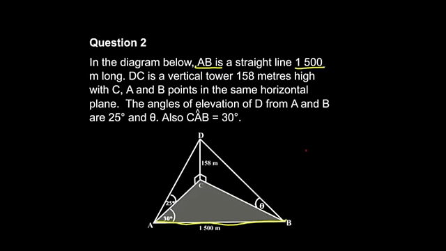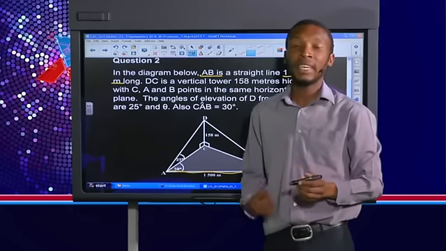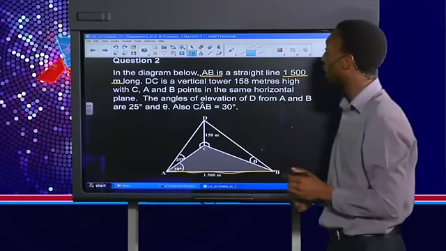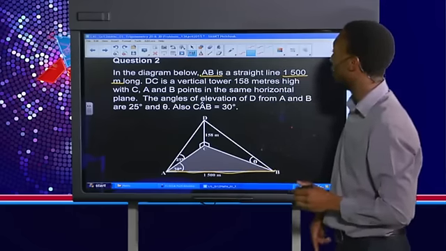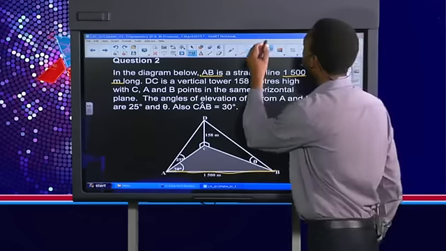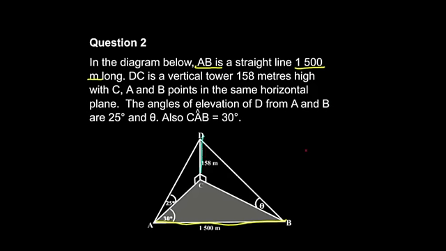Let's make that all yellow. And they say CD is a vertical tower. Vertical meaning standing upright. Up straight. DC is a vertical tower. Let's use blue for that. There's my tower. They say it is 158 meters.